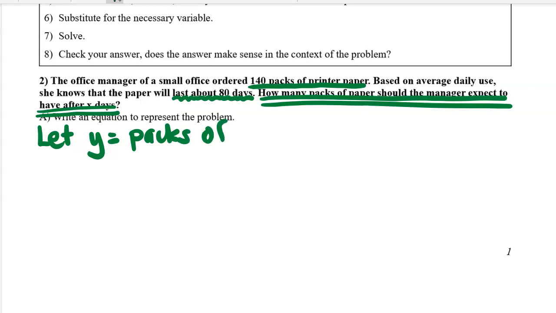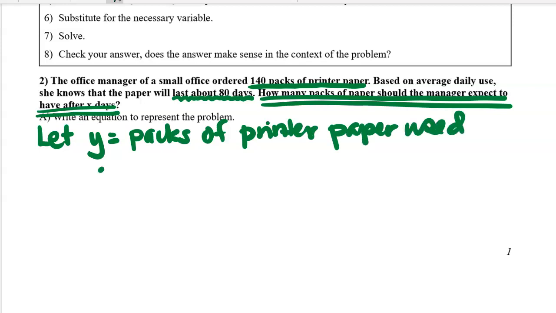And then X will be, guess what X will be, guys? Well, that's how many was ordered and used. Days, yeah, number of days, okay? Number of days. All right.